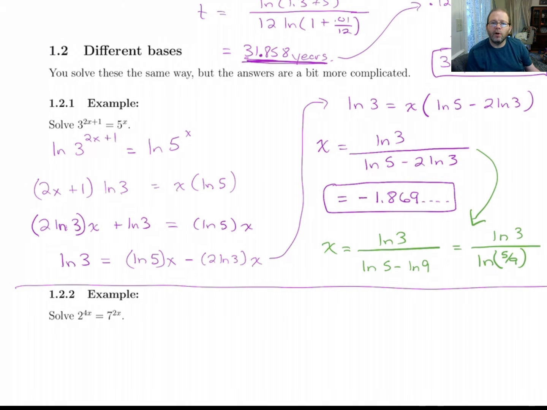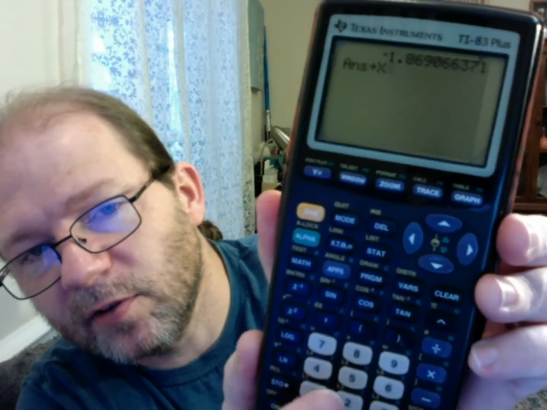Now, before I go on, I do want to check this answer. And the way we're going to check it is we're going to take the value we have for x, and we're going to plug it into both sides of the equation. Let's do that. So let's see. I've still got that in there. So again, I'm going to store it into x.